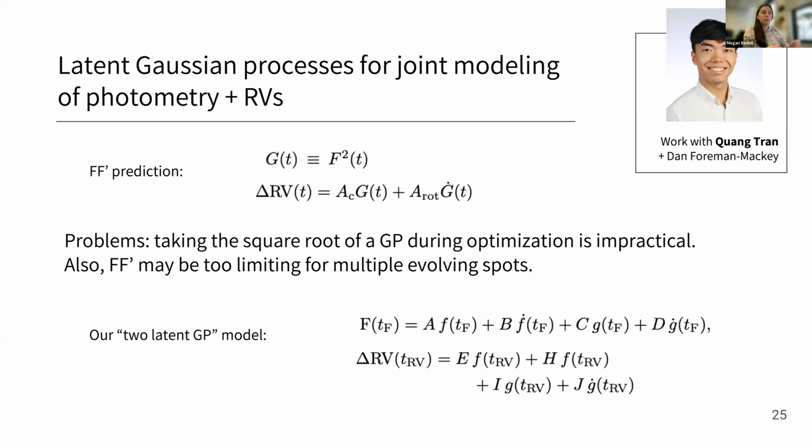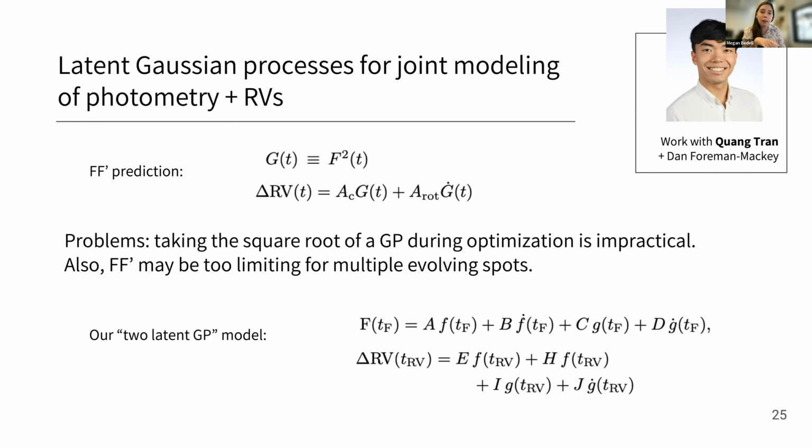Recently, I was part of this really fun project with Quang Tran and Dan Foreman-Mackey, where we decided to make a similar sort of framework, inspired by Vinesh's, to robustly model photometry and radial velocities jointly using that latent Gaussian process. There's this FF' method introduced by Suzanne Aigrain that gives you a quantitative prediction for how both the flux and the radial velocities should depend on each other.